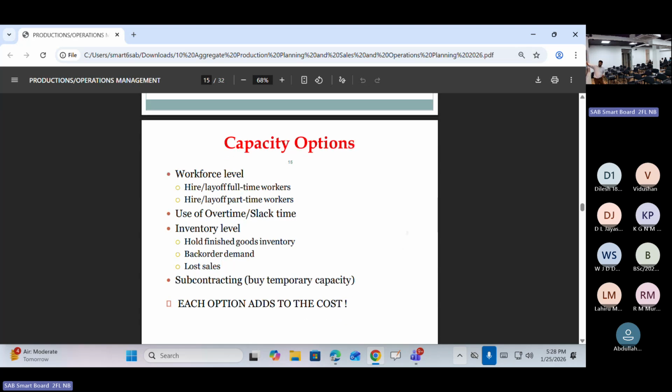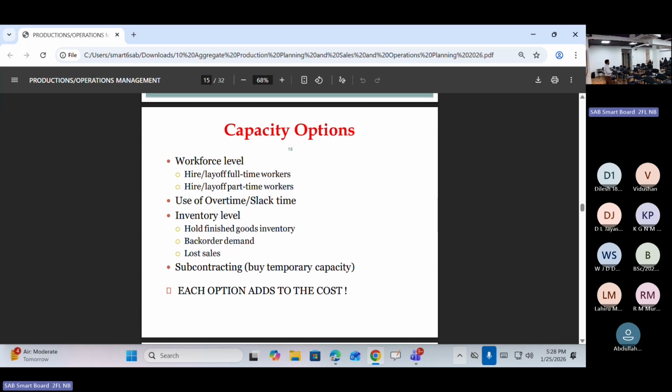So coming to different capacity options available for decision making, some companies might consider workforce related options. In that regard, there are a few.